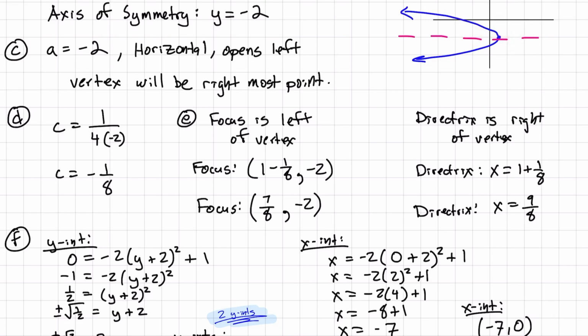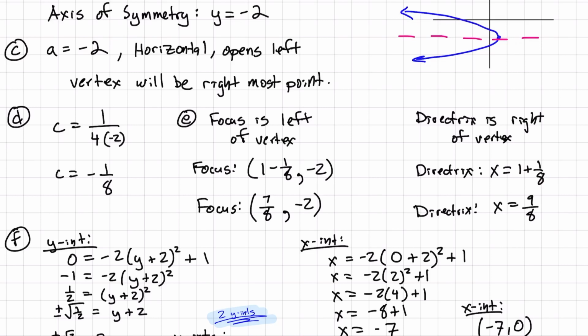So if you were to tell your 5th grade self, hey, I have this point, 1, -2, and I need to move to the left a little bit, what would I change, the x or the y? Your 5th grade self would be like, you're crazy, just go to the left. So let's just go to the left 1/8, versus for our directrix, we're going to go to the right 1/8, and we'll just change the x instead of the y.